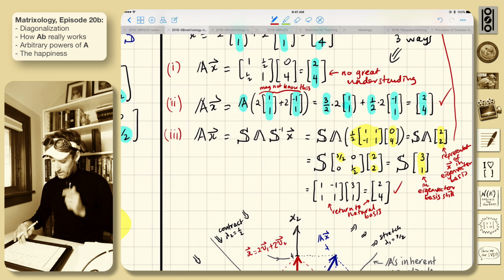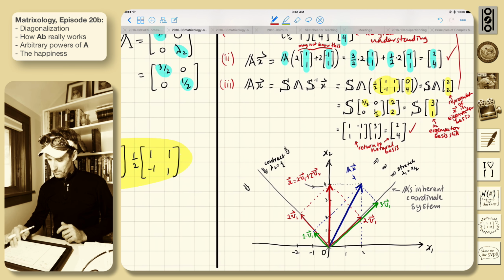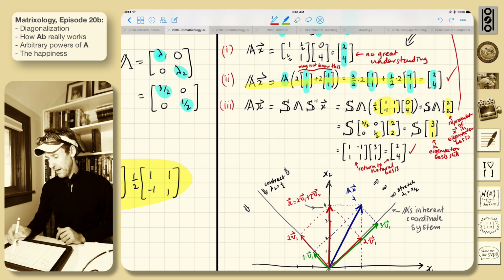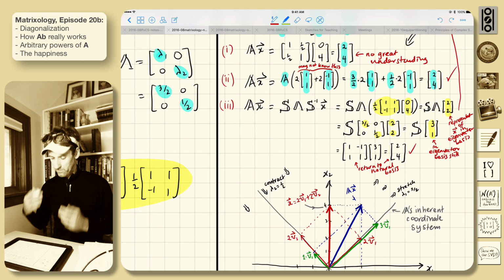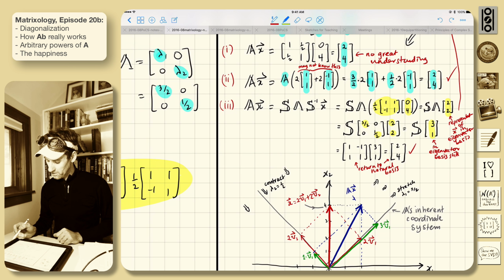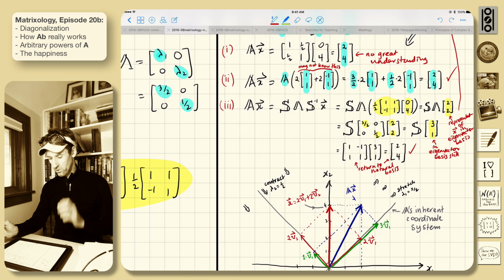So very good to understand these 3 ways. One is just the calculation. The other is, let's say we actually know the representation of this vector. We don't usually, we want to let the diagonalization do that work for us. And we see that's exactly what it did. It turned it back to 2, 2. It took 0, 4 and turned it into 2, 2. That's what S to the minus 1 did. It changed the basis.